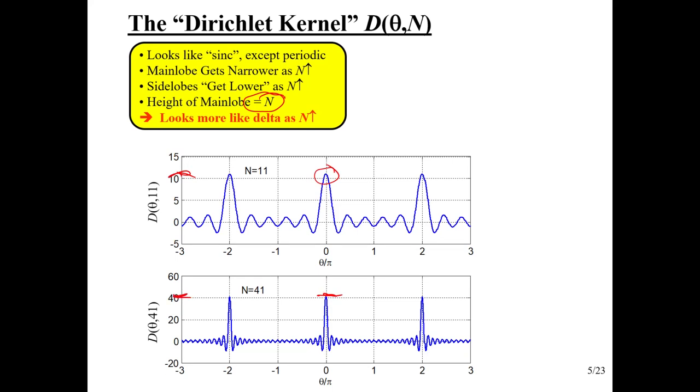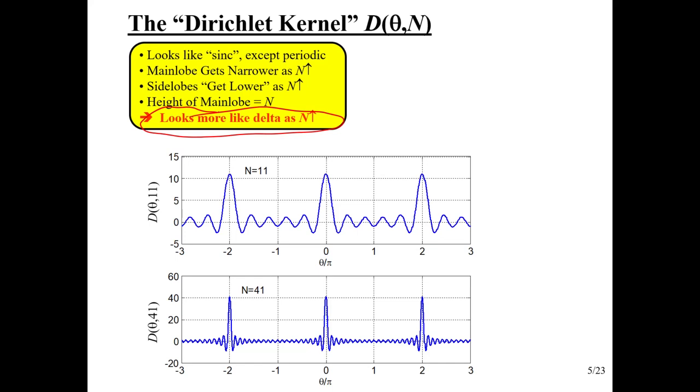So all of these things combine to tell us that this Dirichlet kernel, that's the DTFT, or at least the essence of the DTFT of the rectangular window, is the thing that gets convolved with the actual infinite duration signal's DTFT to give us our resulting finite duration signal's DTFT.